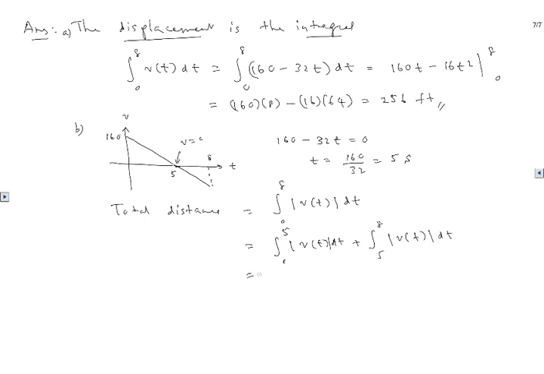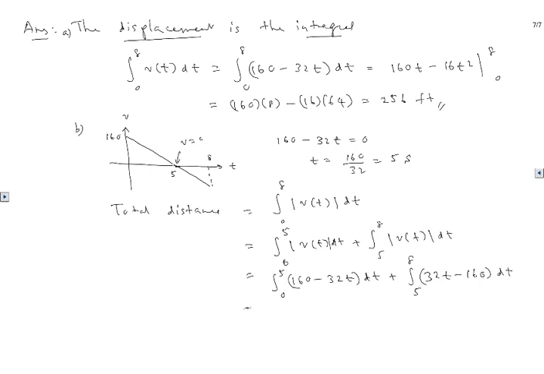So from 0 to 5 it is positive, so that means it is simply the integral from 0 to 5 of 160 minus 32t. But from 5 to 8 it is negative, so you have to multiply by another negative sign to make it positive. That means you can switch the order. So it's 32t minus 160 dt.